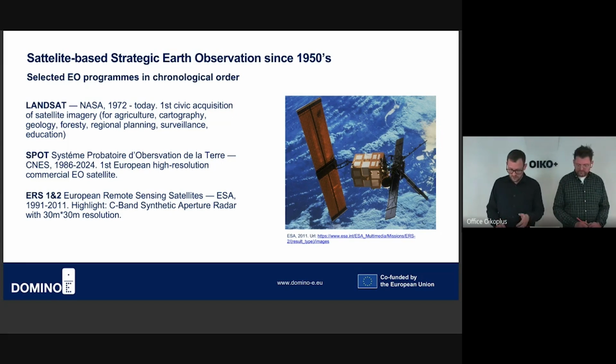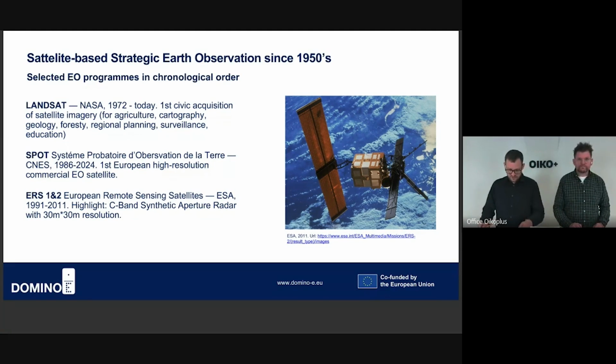It allowed for continuous imaging and added a new critical capability for climate monitoring, for example, for ice observation and for land subsidence. Now, each of these missions and also many others broke new ground, expanding Earth observation's role from occasional observation to permanent global monitoring with scientific, commercial, and policy impacts.